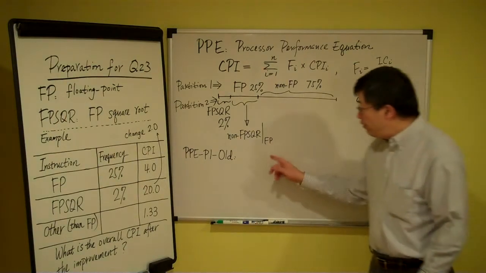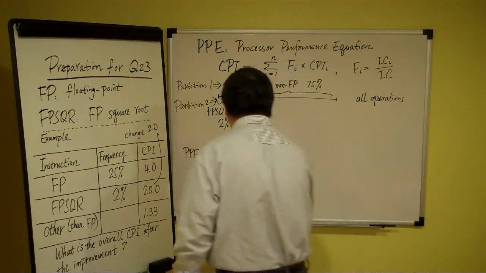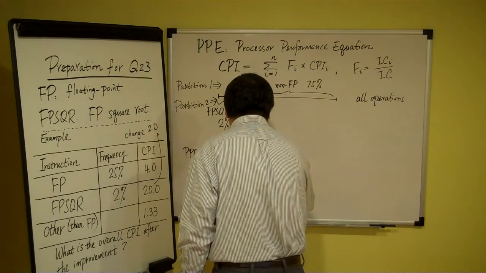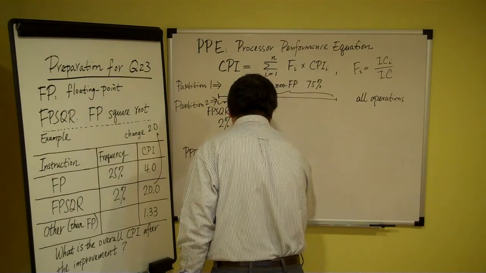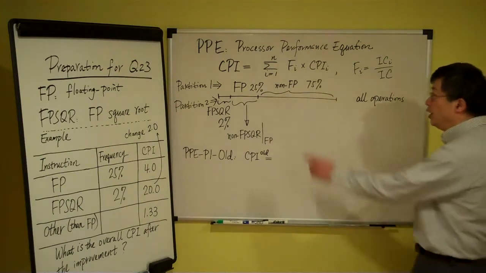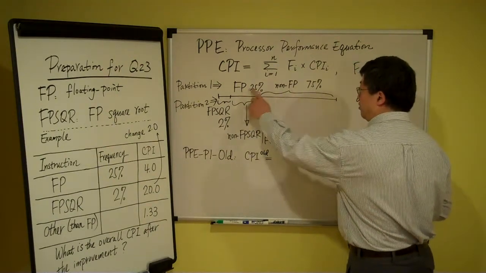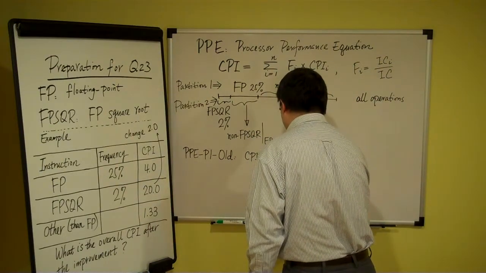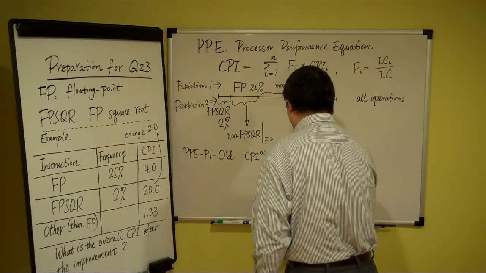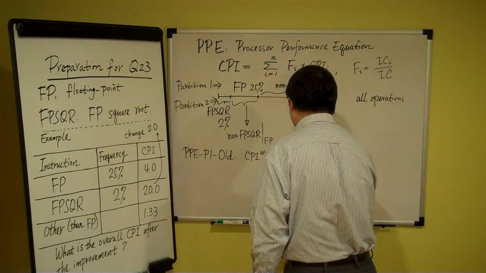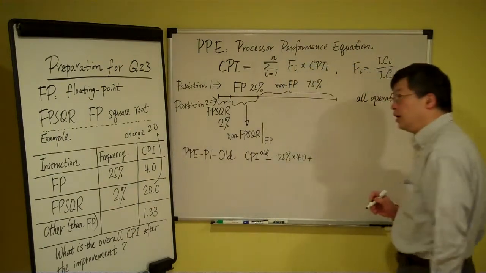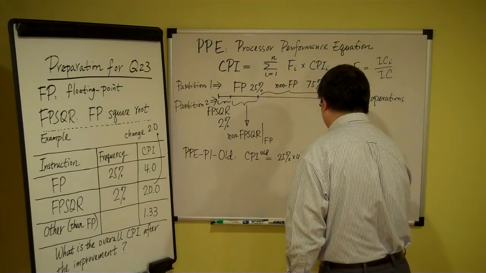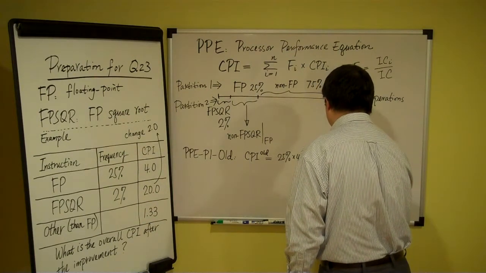Now for that old case, our CPI old equals, partition 1, 2 terms: frequency 25%, CPI 4.0, plus 75% frequency, 1.33 CPI.